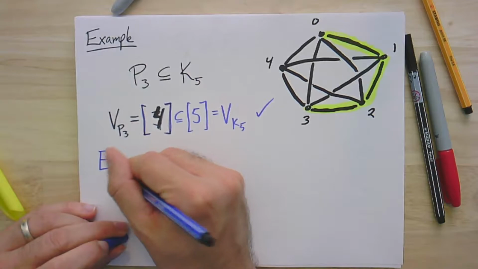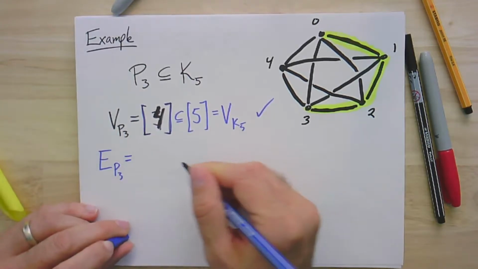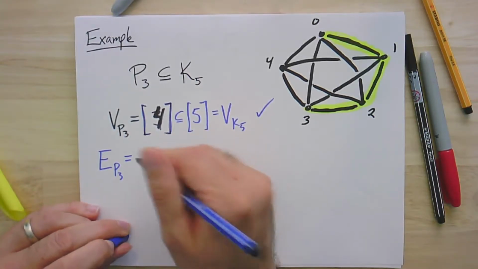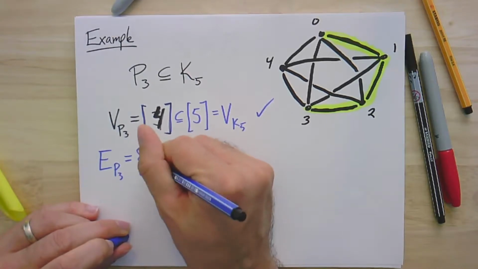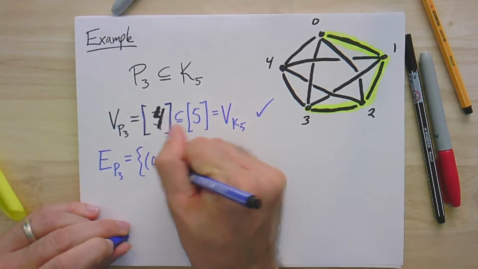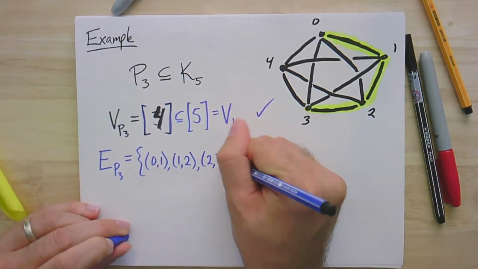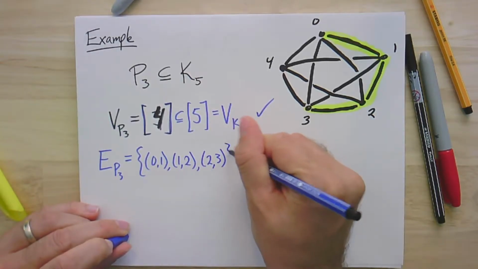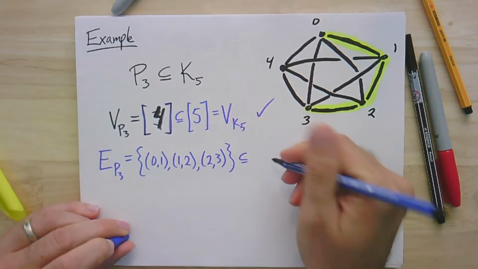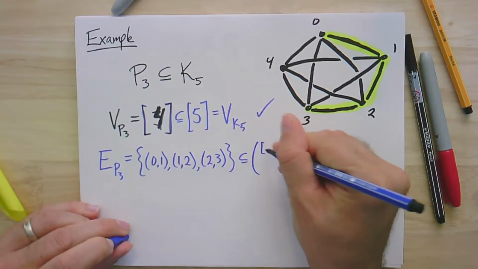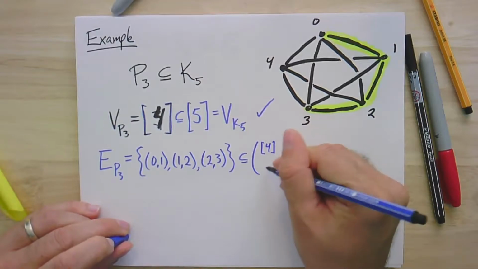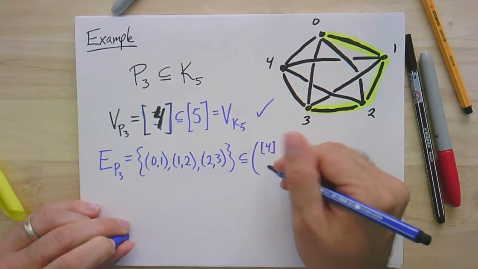Right, the edge set of P3, we can write it out explicitly. We know there's exactly 3 edges. It's the edges {0,1}, {1,2}, and {2,3}, which is certainly a subset of all pairs of numbers from 0 to 3.